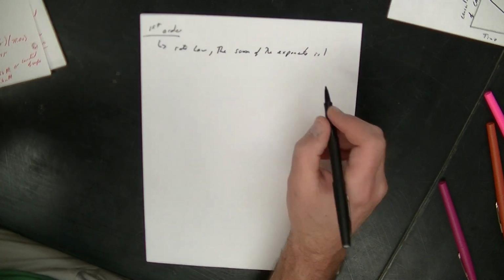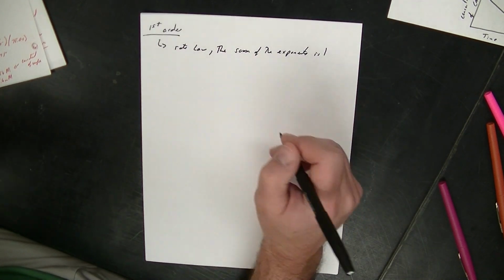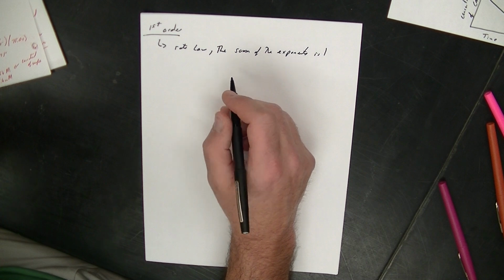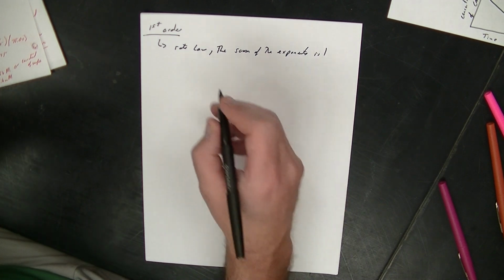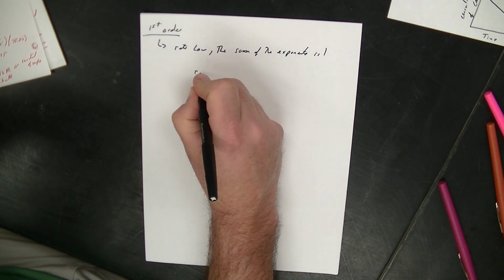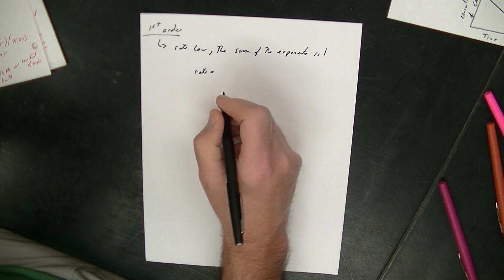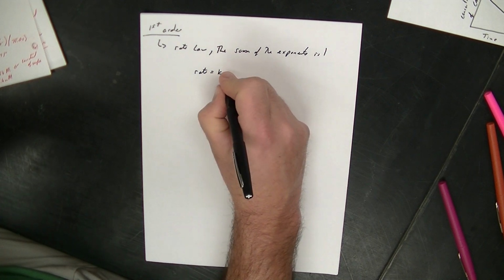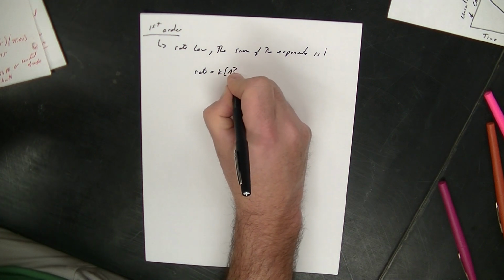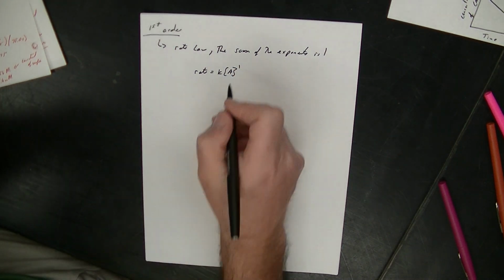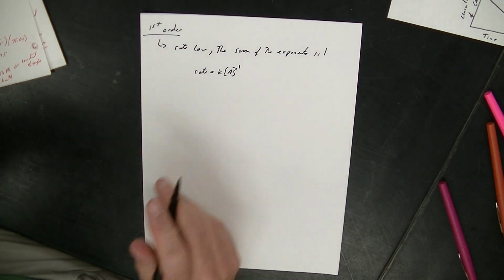So usually our differentiated rate law is going to equal our rate constant times the concentration of A to the first. Okay.